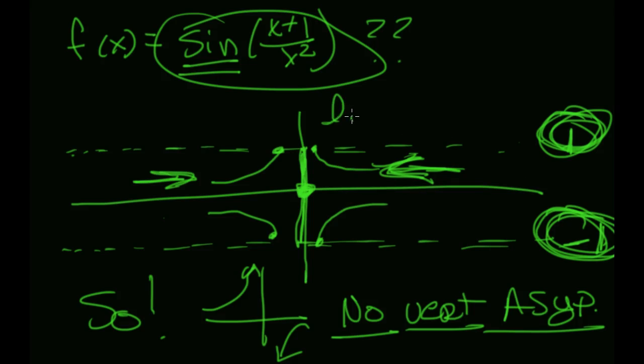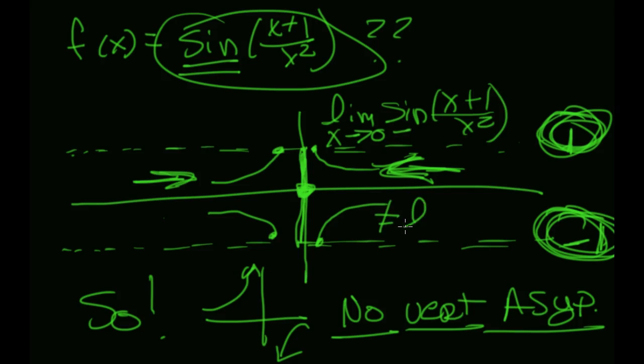Okay, so the limit as x approaches 0 of sine x plus 1 over x squared from the left does not equal the limit as x approaches 0 from the right of the same function.